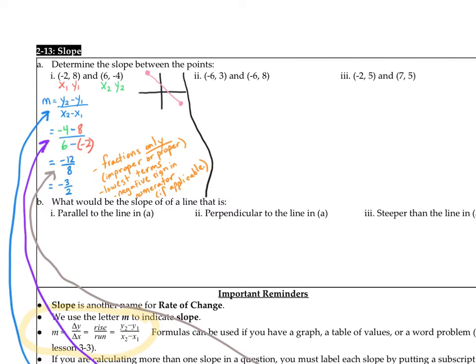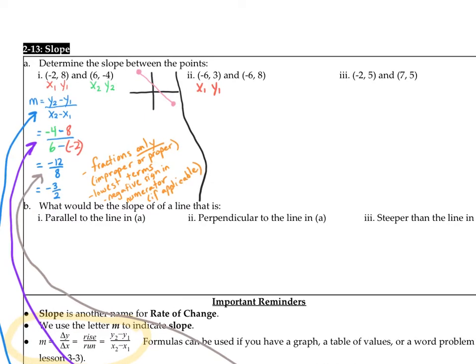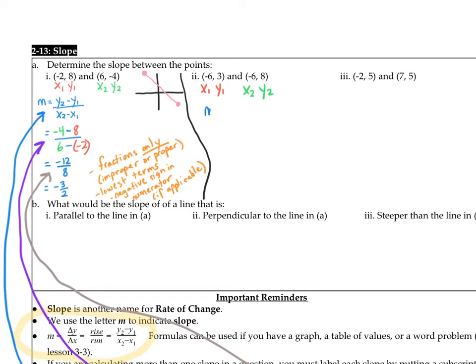We'll first identify our points. So this is the x value of the first point, the y value of the first point. This is the x value of the second point and the y value of the second point. Write out the formula: y2 minus y1 over x2 minus x1.